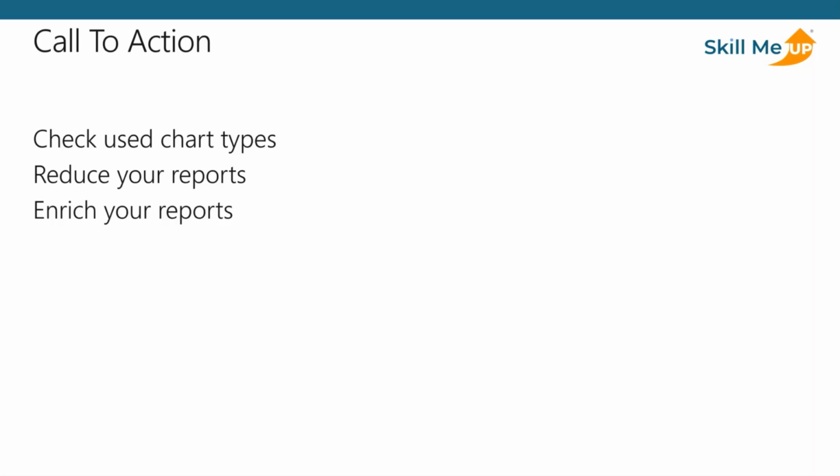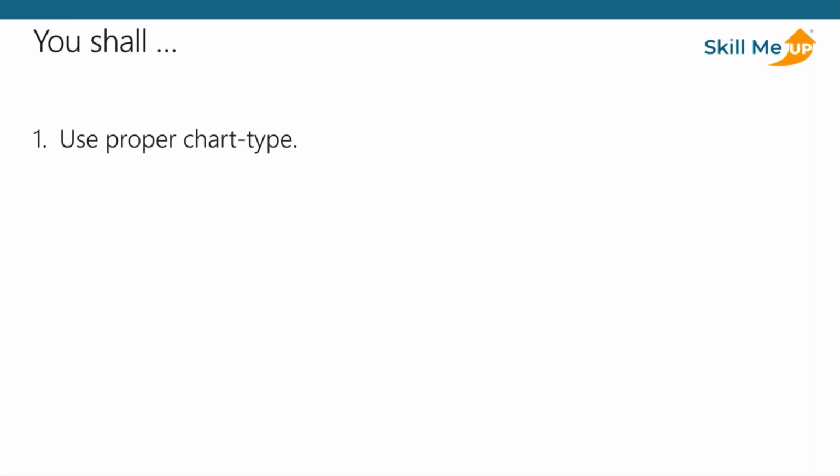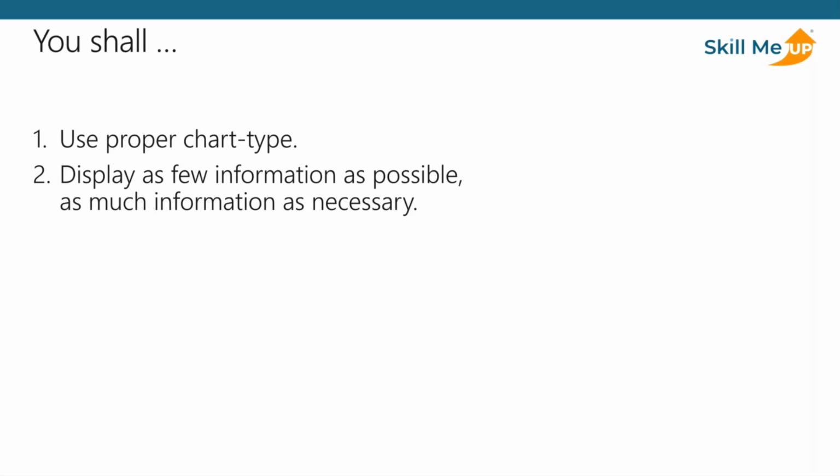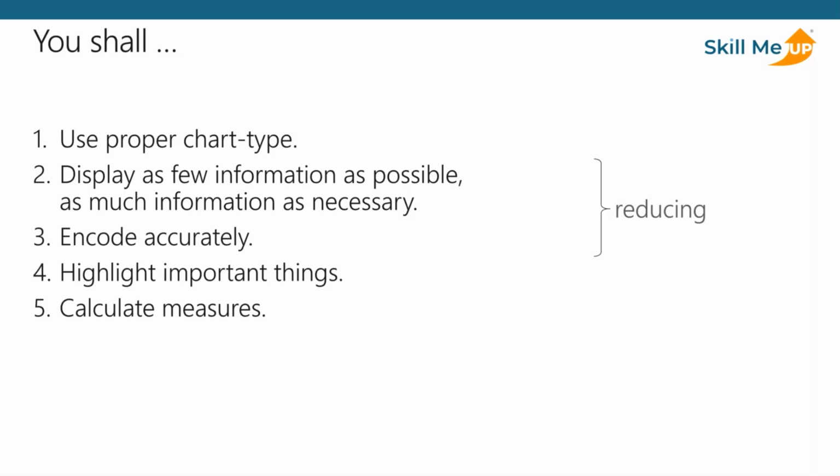Add those calculations people are asking for since several days or weeks, and there was no space for it. And again, use the proper chart type. Display as few information as possible, as much information as necessary. Encode accurately. Highlight the important things and calculate the measures. If you have reduced everything, it's easy to enrich the report then for the stuff people are looking for.